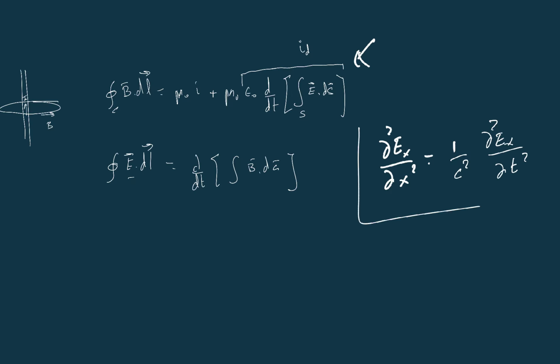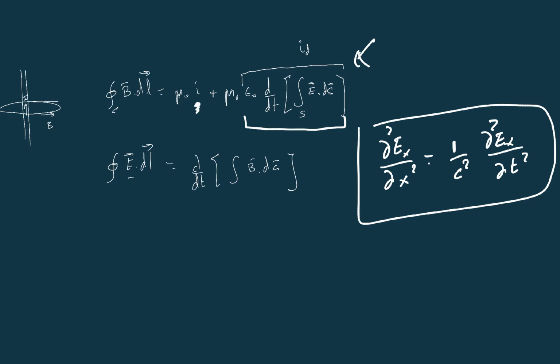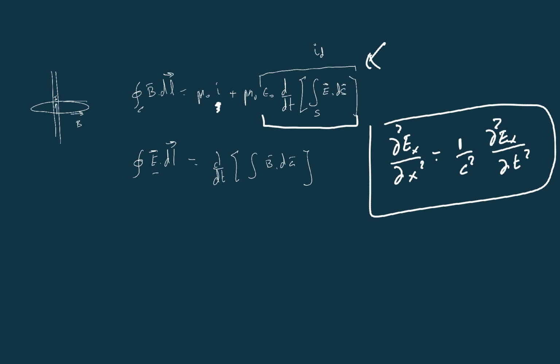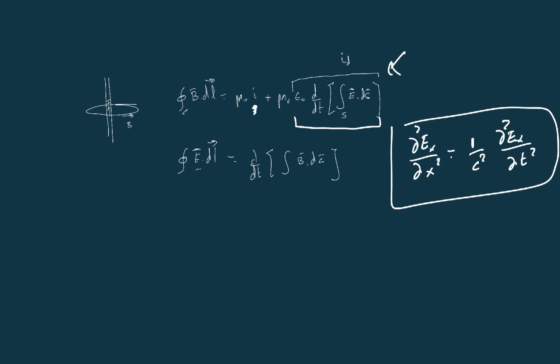And we will have a wave equation using only this term. And imagining that we are in space in vacuum where there is no current, the current will be zero. We will do this and we will show how it's possible to obtain a wave equation.